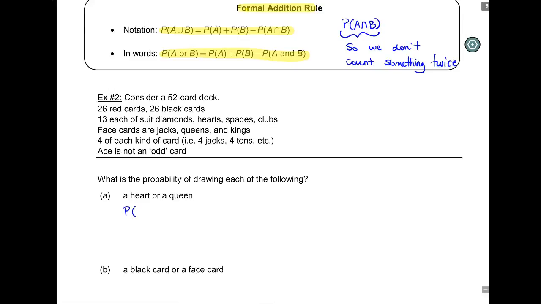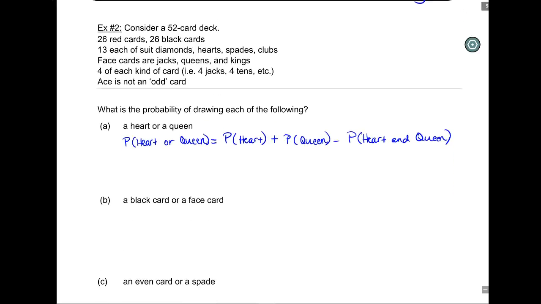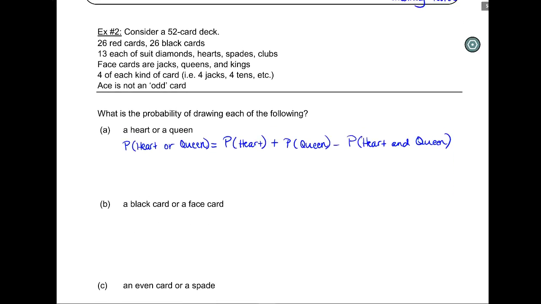It would be the probability of drawing a heart plus the probability of drawing a queen minus the probability of having a heart and a queen. Does that make sense why we have to subtract? Because you have to consider the case where you have both.